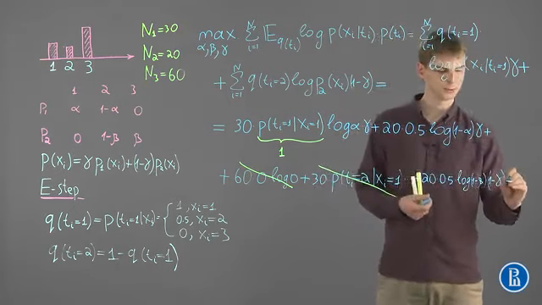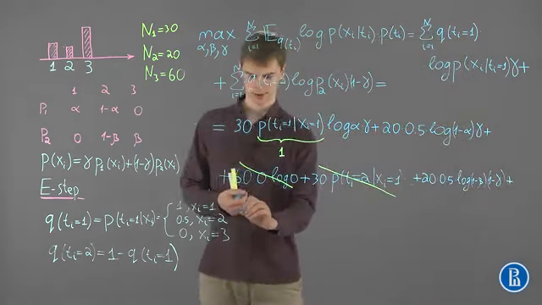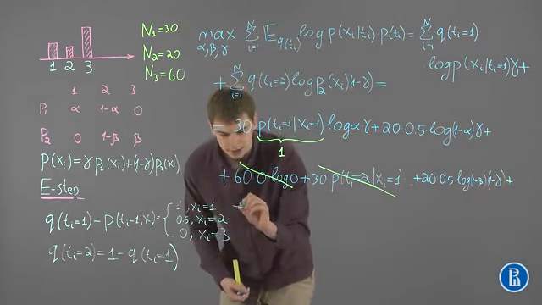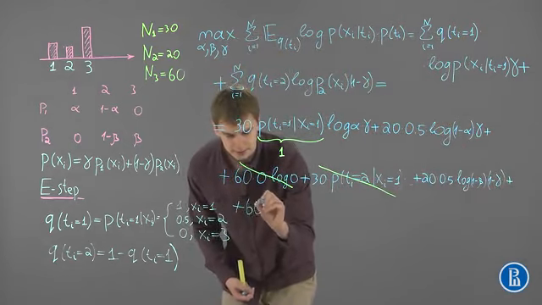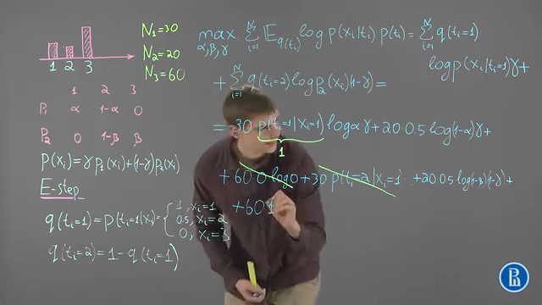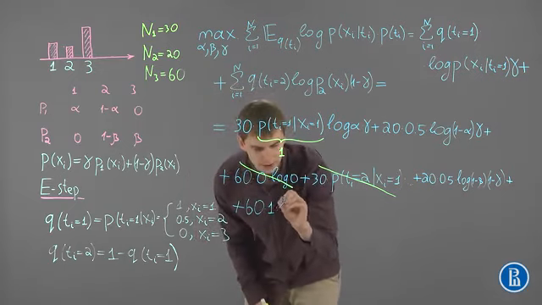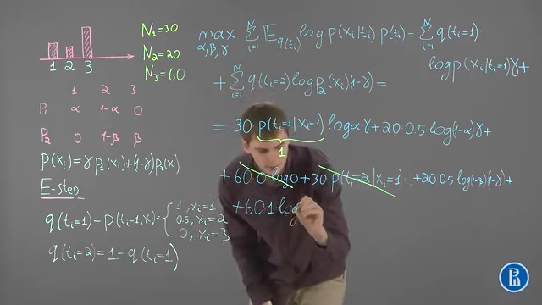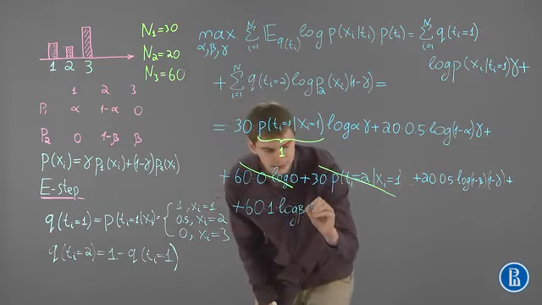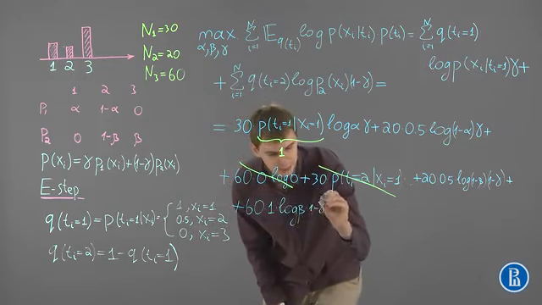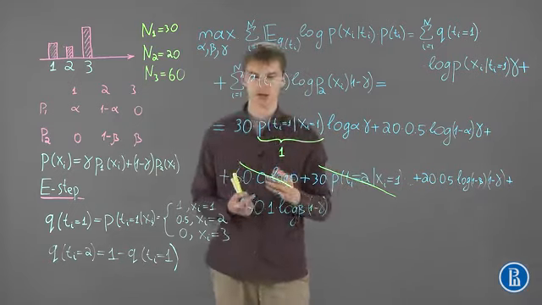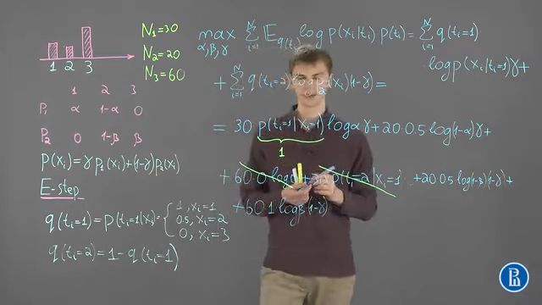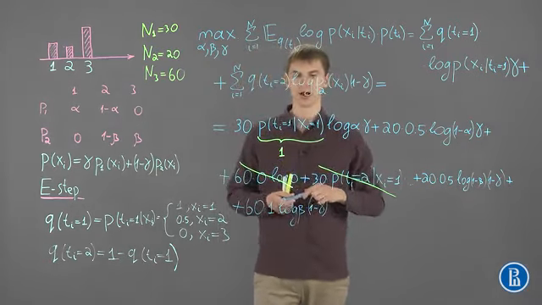And this last term is 60 times 1 times logarithm of beta times the prior probability for the second component, which is 1 minus gamma. So finally we have this expression, and we want to maximize it with respect to alpha, beta, and gamma.